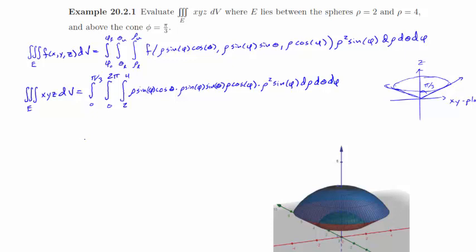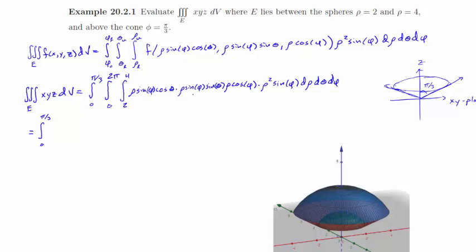Now, a nice thing about this specific triple integral is that the bounds don't have any rhos or phis or thetas or anything in them, and everything inside the integral is multiplication. So I can really separate this out as three separate integrals. So I'm going to take all of the phi stuff and put it with the phi integral.